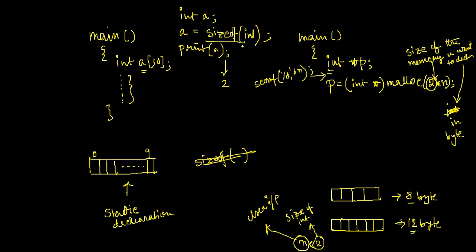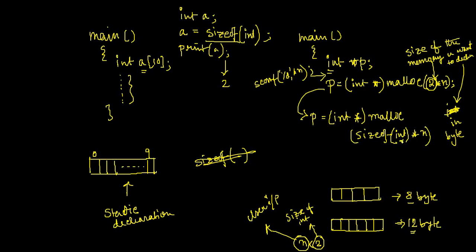This sizeof function will return the size of a particular data type. If it is int, it may return 2 or maybe 4, depending upon the compiler. So in a general situation, this line can be written as P equal to (int pointer) malloc, then within brackets sizeof(int) times n.